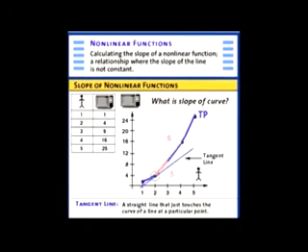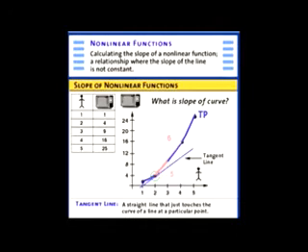So when we're looking for the slope of a curved line, we take the slopes of lines that connect points on the curve, let those slopes change as the point gets closer and closer to the point we're interested in, and finally we come up with a line that's tangent to the curve at the point we care about.